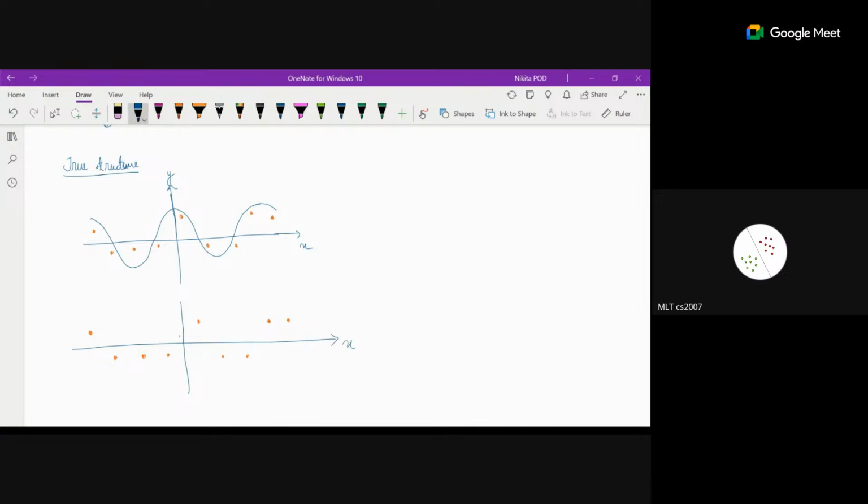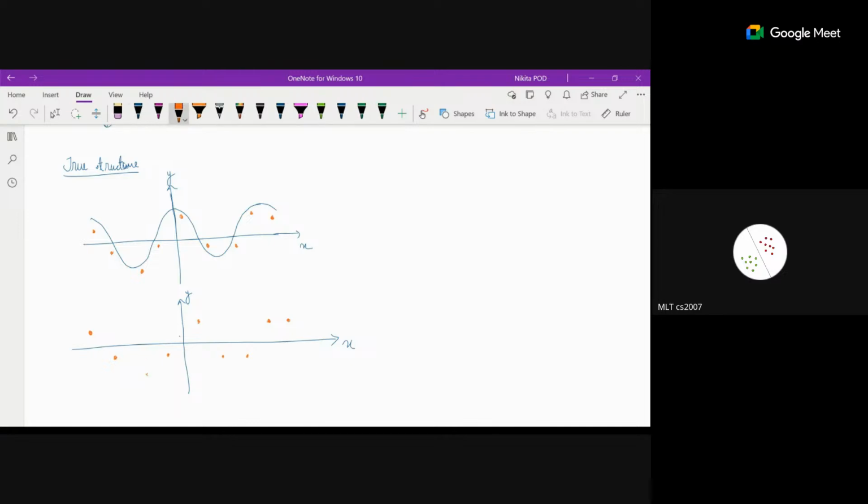Now, if we look at this data, and if I have to fit a model, the obvious, very simple model that one can fit here is the linear model, right? This looks quite linear. Let's put this over here.